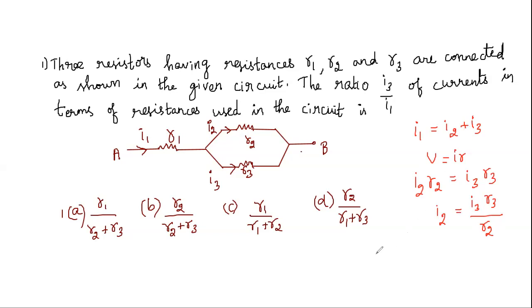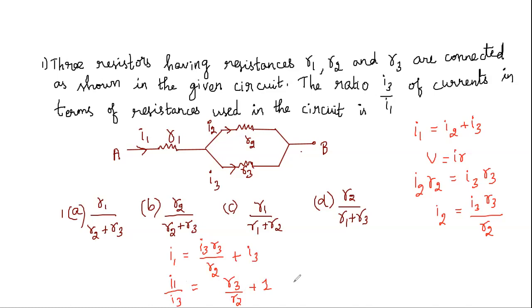And what you can do is you can substitute this value of I2 back into this equation. So I1 is equal to I2 plus I3, that is nothing but I3 R3 by R2 plus I3. When you divide the whole equation by I3, you will be getting R3 by R2 plus 1. On the left hand side also you have to divide it by I3, so I1 divided by I3 equal to R3 by R2 plus 1.